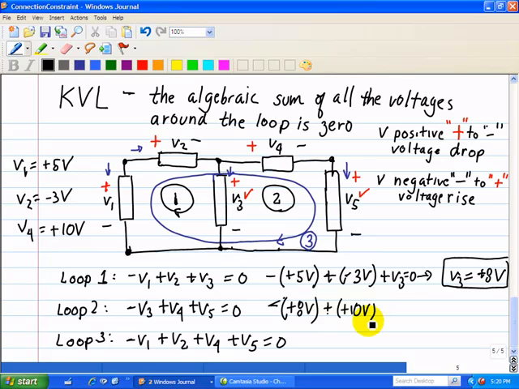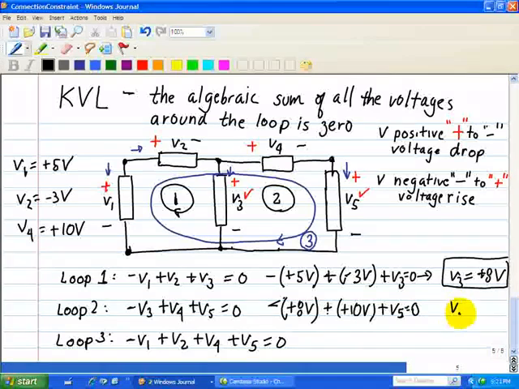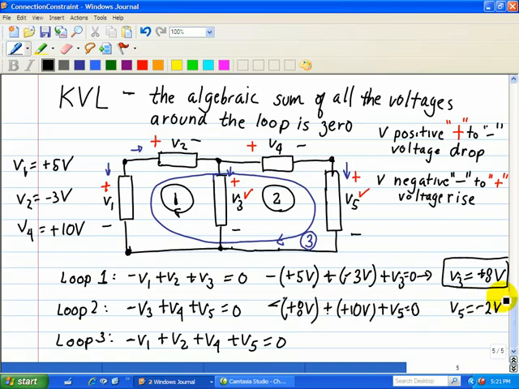And then V5 is what we're trying to find. You can see here for V5 that we have minus 8 plus 10 is a plus 2, and then putting it on the other side means it's a minus 2 volts. So that's what we're given.